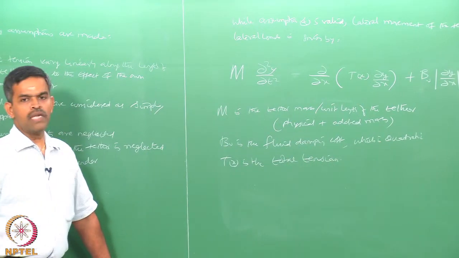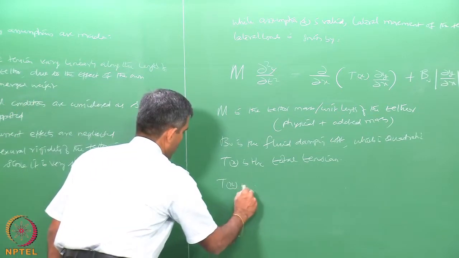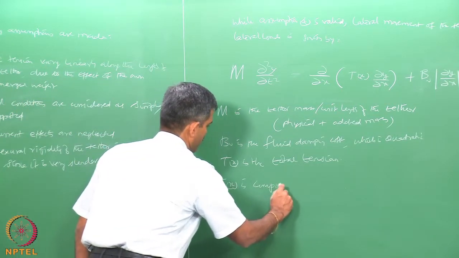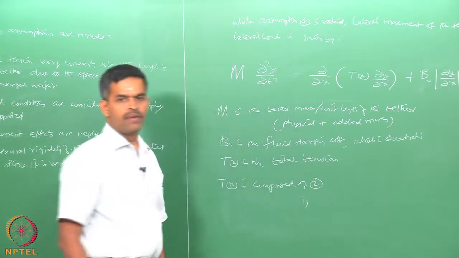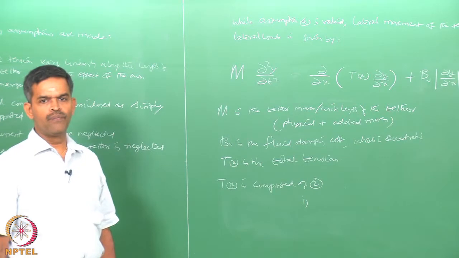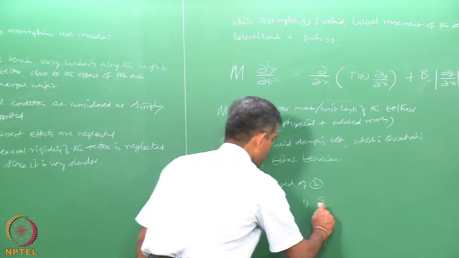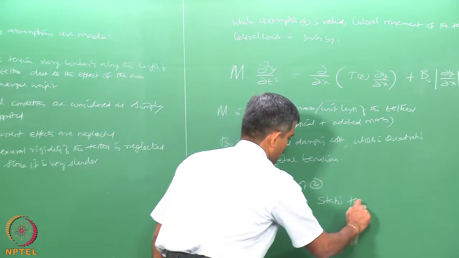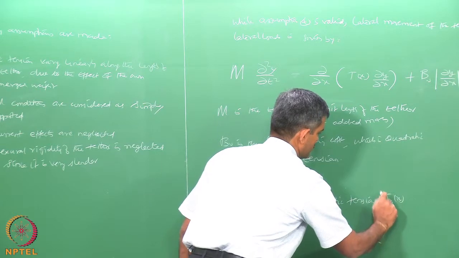Now, the total tension acting along the tether is composed of two things. One, it will be due to the static tension, which I call as T0x.